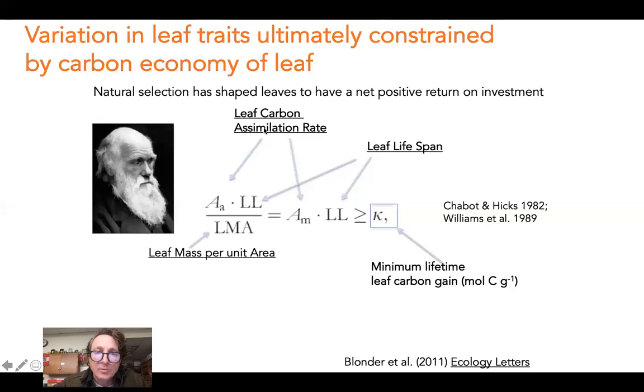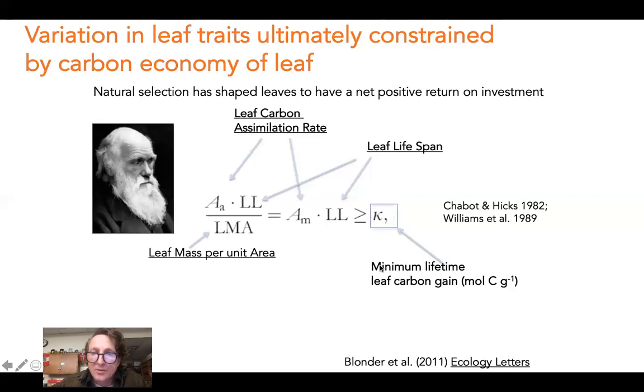And so we can relate that to this quantity here, where the total amount of carbon gained over its lifespan divided by the leaf mass per unit area has to be greater than or equal to the amount of carbon that was invested initially. So the return on investment has to be greater than or equal to a starting amount.